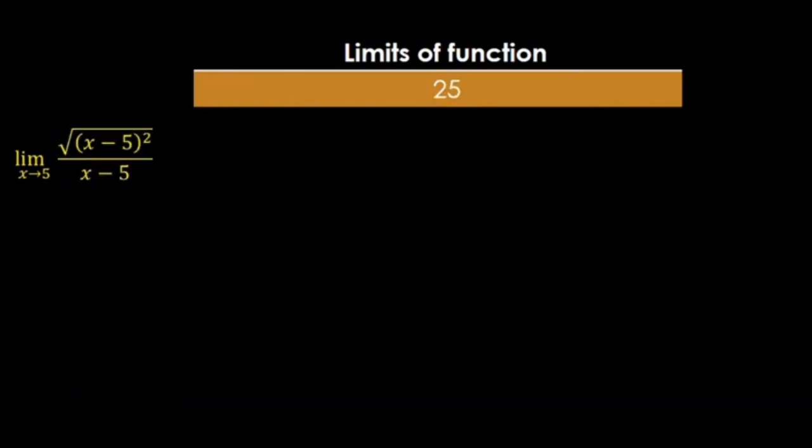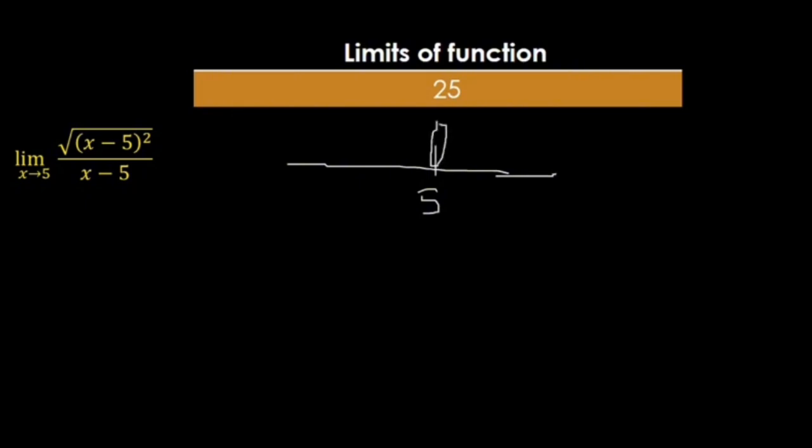We're having limit as x tends to 5 of square root of that. Here we are also going to do for both part of it. We first of all find the variation of it. x is equals to 5.